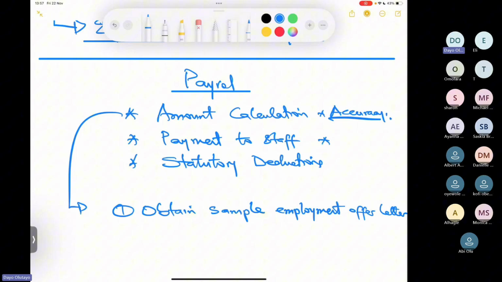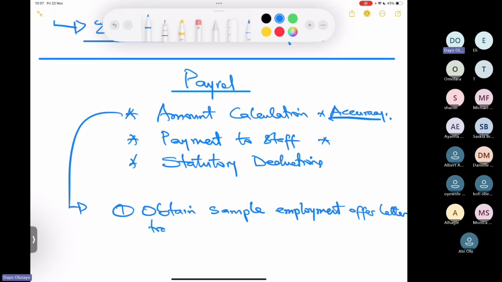On that offer letter, you will see how much the person is meant to be paid, how many days they are meant to work, and the total number of hours or days they are meant to work in a year that they are entitled to be paid. All those details are on the employment offer letter. Once you obtain it, why are you obtaining it?